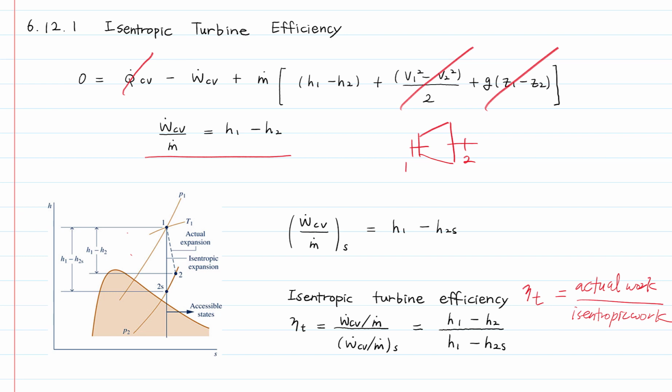So what we are comparing is between the actual and the ideal condition. The work produced by a turbine would be greater in the ideal condition. So the value of isentropic efficiency should be less than 1.